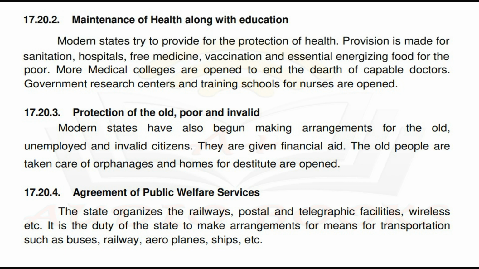Arrangement of public welfare services. The state organizes the railways, postal and telegraphic facilities, wireless, etc. It is the duty of the state to make arrangements for means of transportation such as buses, railways, aeroplanes, ships, etc.